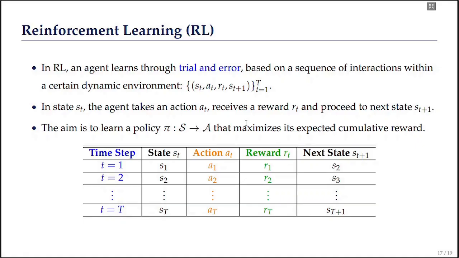Then this sequence of interactions with the dynamic environment will continue for all time steps, and the final goal is to learn a policy pi that maps the states with the actions so that it maximizes its expected cumulative reward.